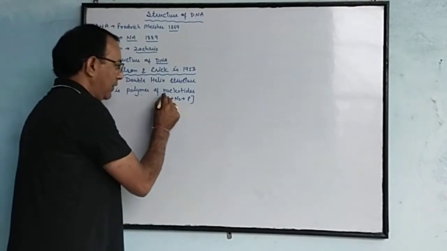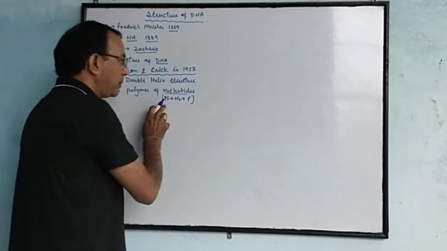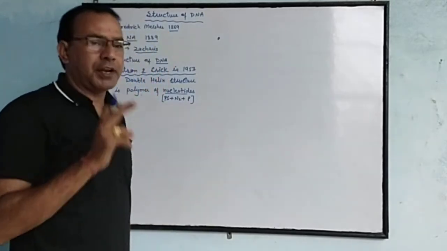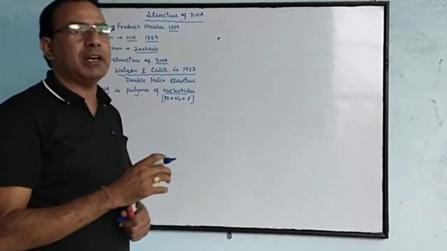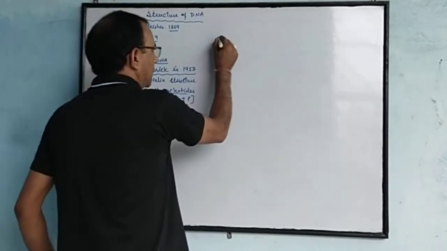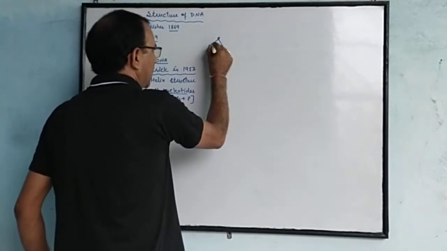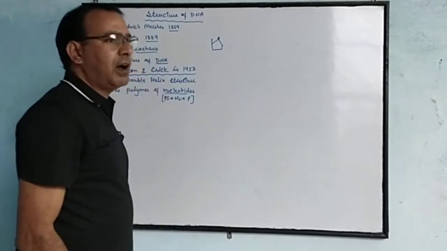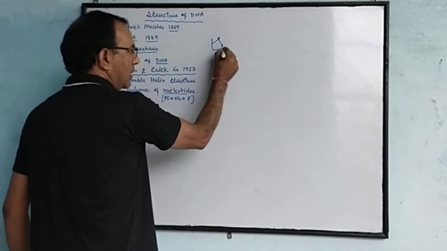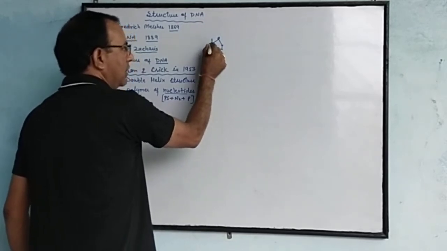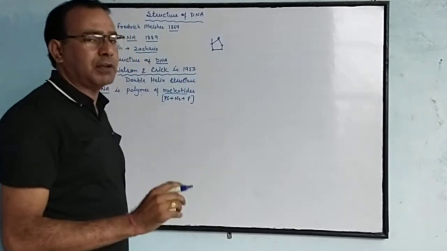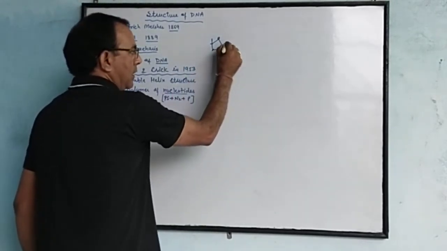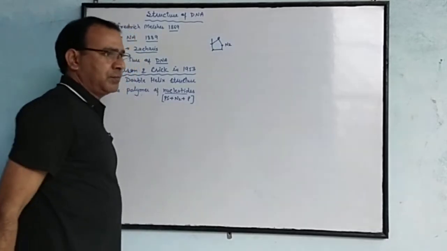A little bit, we will draw the structure of the nucleotide. In the pentose sugar there is a ring made up of 1 oxygen and 4 carbon atoms, and the 5th carbon remains outside as R. This is carbon number 1, carbon number 2, carbon number 3, carbon number 4, and the 5th carbon is in the form of R. At carbon number 1, the nitrogen base is attached.